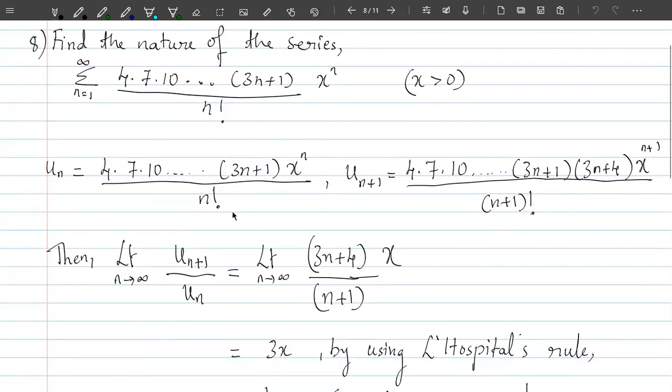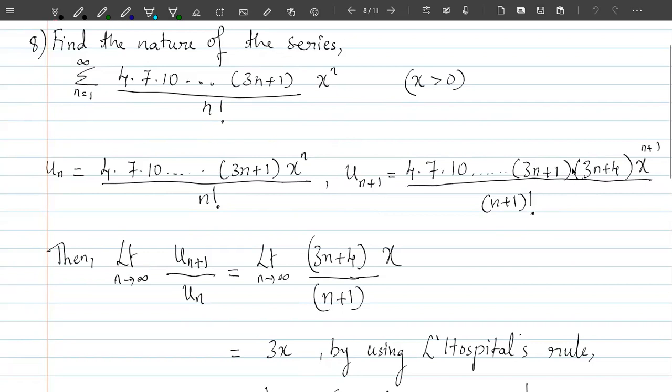So what they have done is, to write the value of un, they have used the previous term values. So here, if you want to calculate the value of un plus 1, please note you have to use the value of un. So here, in the numerator, 4 into 7 into 10 up to 3n plus 1, all these values are copied from the value of un. So all these terms will come.